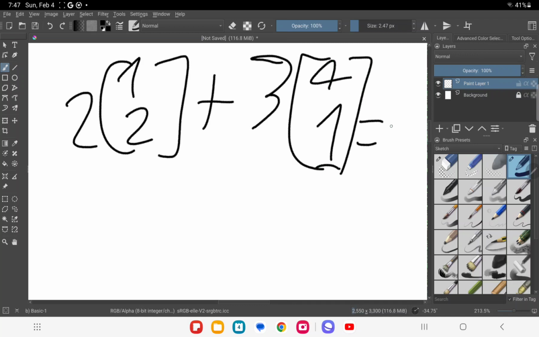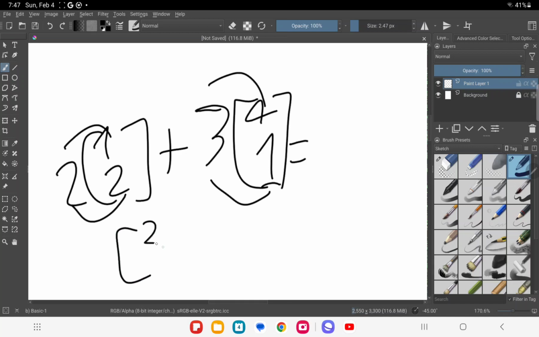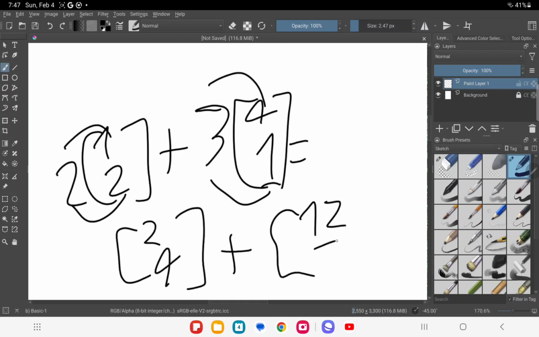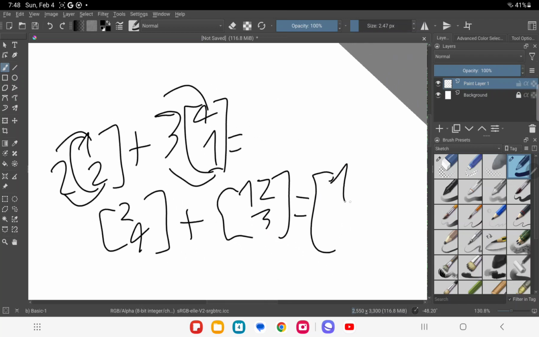Now, to get the final vector, we have to multiply the scalars. So we get 2 4 plus 12 3 equals 14 7. So we multiply these and then add them to get 14 7.